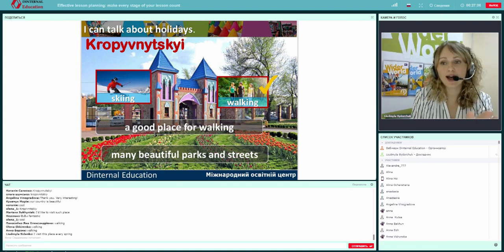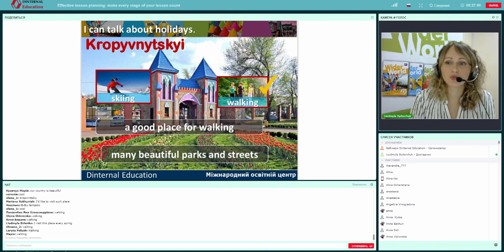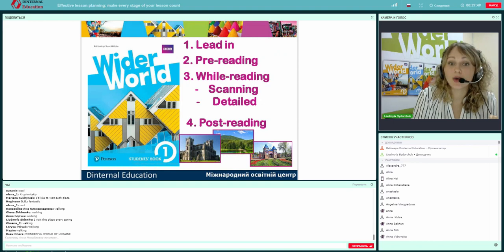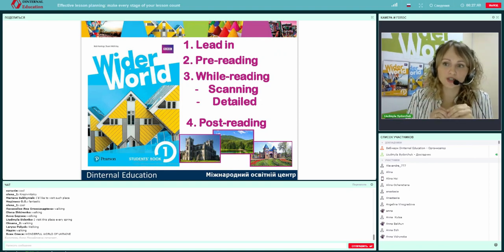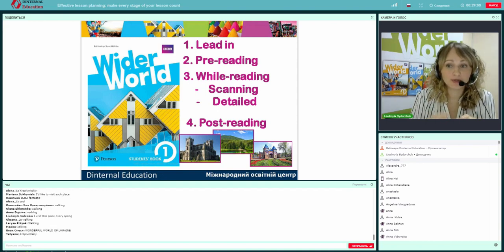We may also write these structures, in which to use the words, and then students might come up with their answers. And you may prepare photos for your students if you have time. Or another option, which I love here, is a post-reading stage, and probably you won't have enough time because it's a reading lesson and you would spend a lot of time developing reading skills.